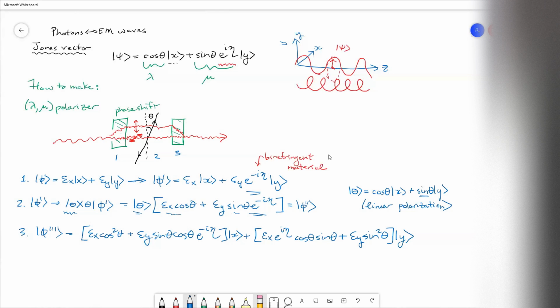Now you can do some algebra and rewrite this in terms of these lambdas and mus. This becomes EX lambda squared, that's just the cosine squared, plus EY mu star, that's sine theta times e to the minus I eta.